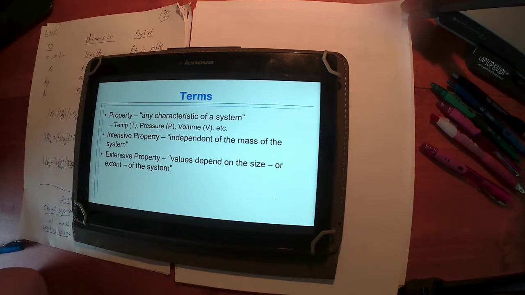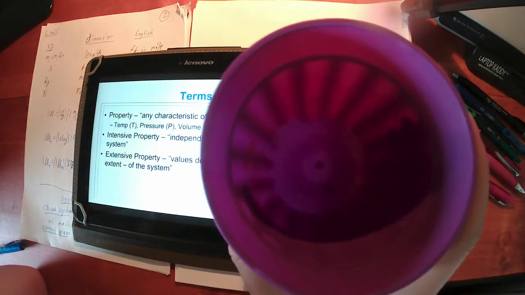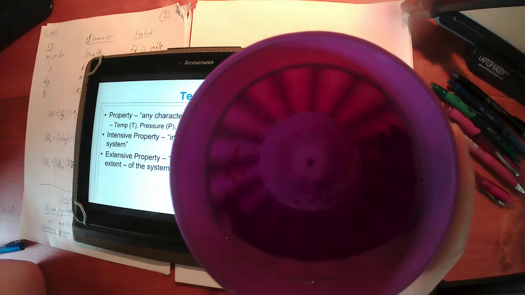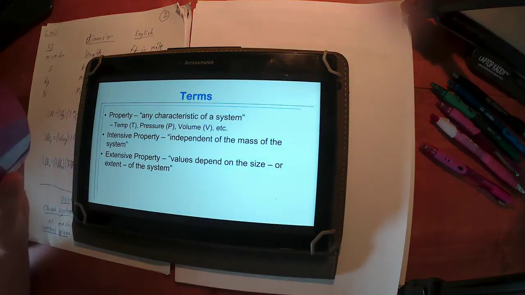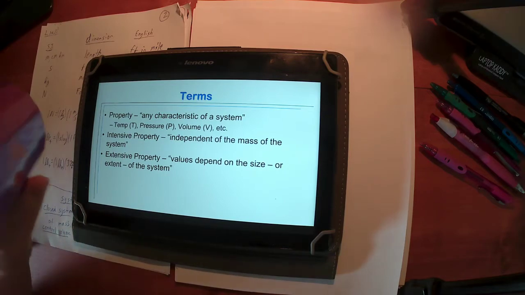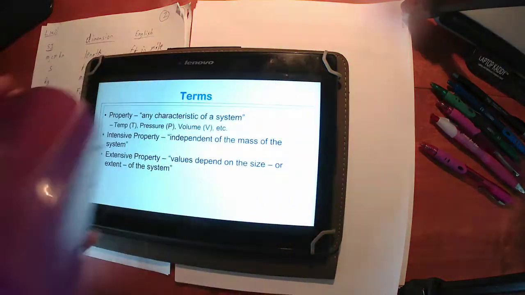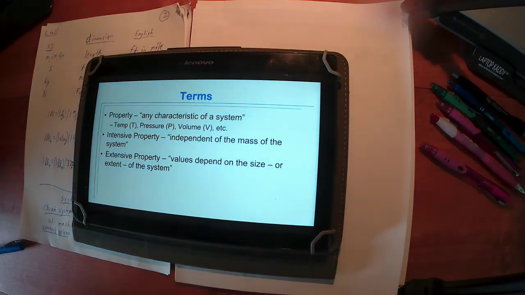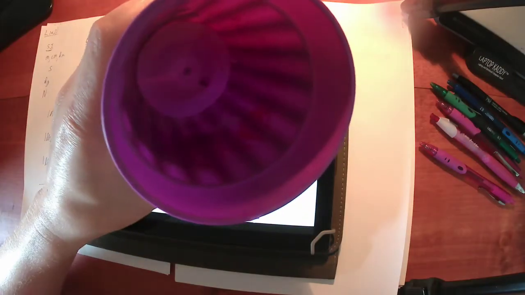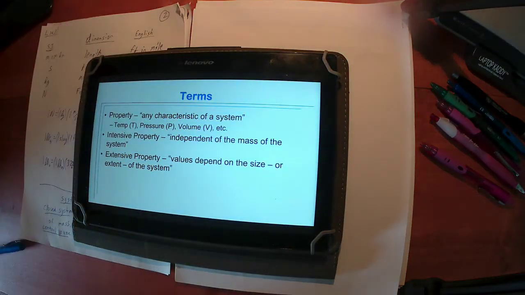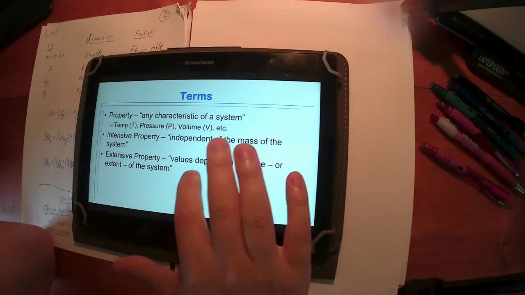Now, for example, I've got a cup of water here. As I said in the previous video, if I don't drink water while I'm talking for a long time, I lose my voice. So I've got a certain amount of mass in there. If I remove a small amount of mass from that, I have changed some of the properties.